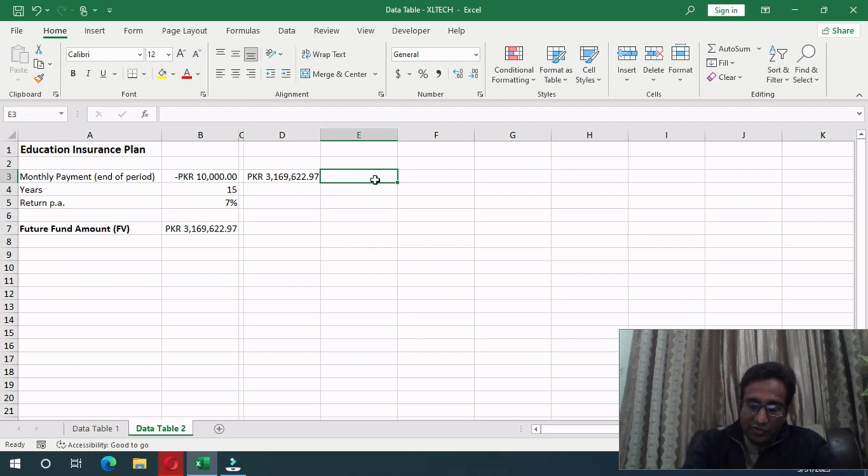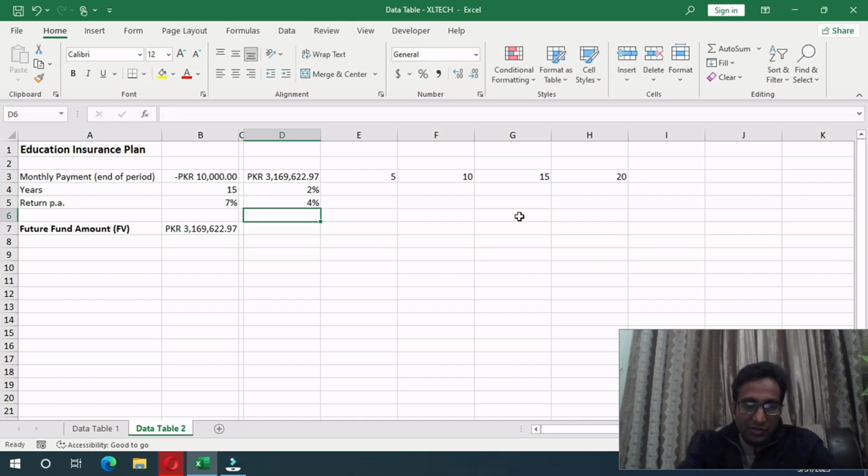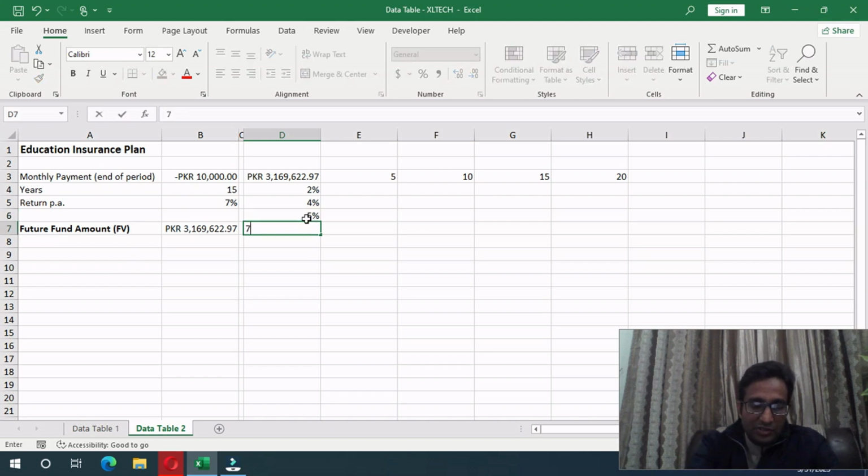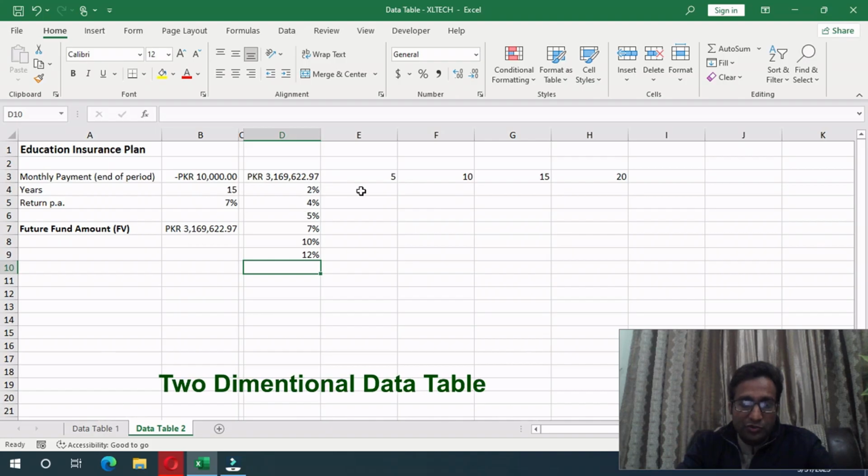For example, we take the years as 5, then 10, 15 and 20, and the rate of return, let's say we do 2%, 4%, 5%, 7%, 10% and 12%.